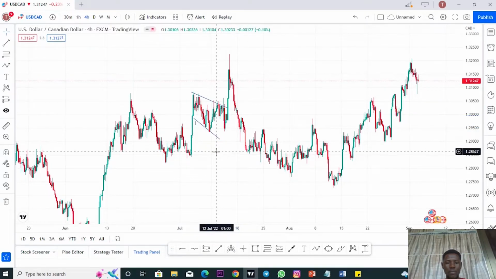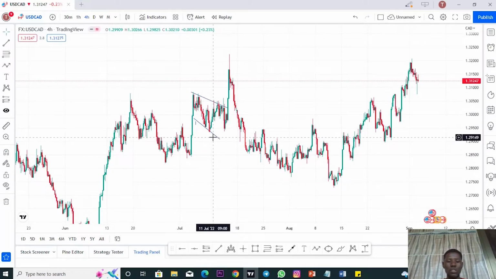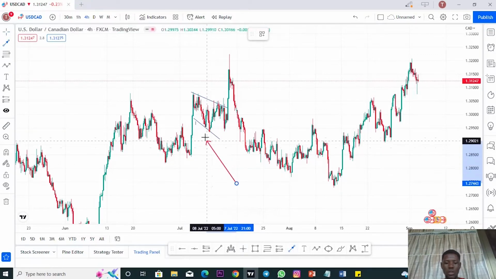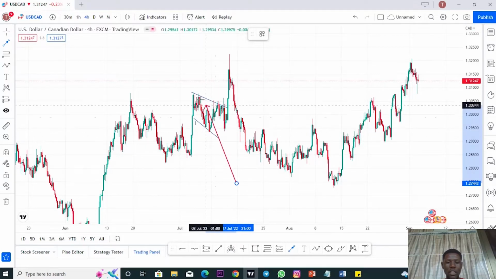Now you can see a trend line becomes valid when it touches only 2 points, and now you can see we have our 2 points. Before a trend line becomes valid, it needs to touch 2 points or two troughs. Here we have our first touch, our second touch, and here we have multiple touches.